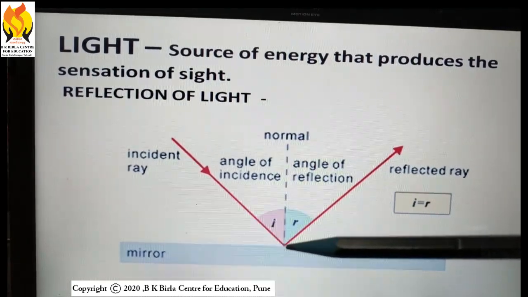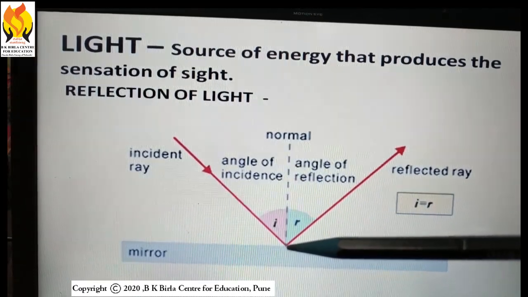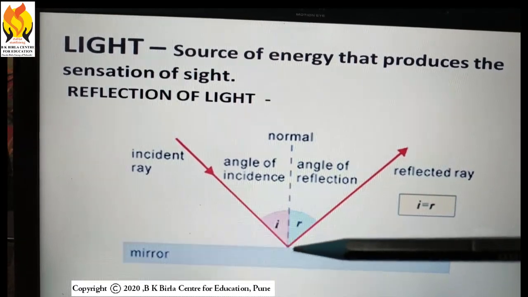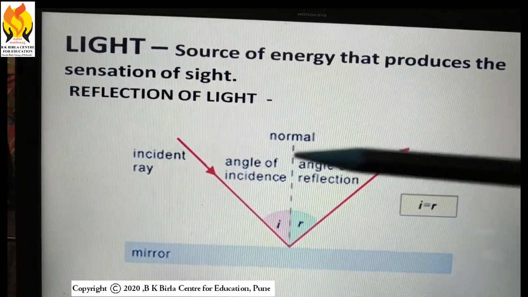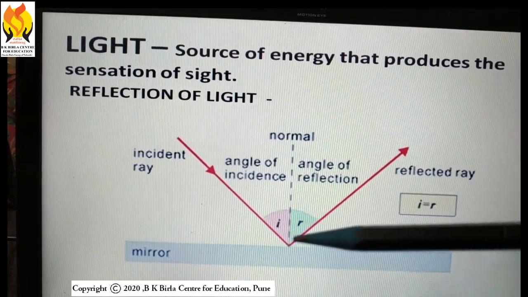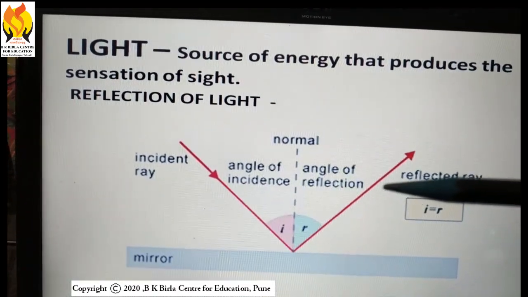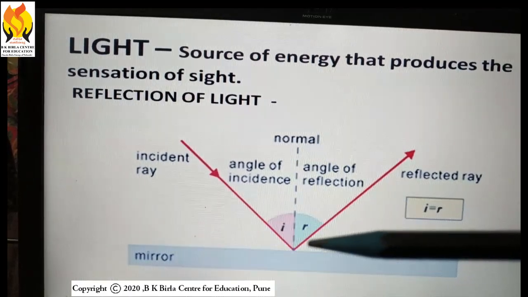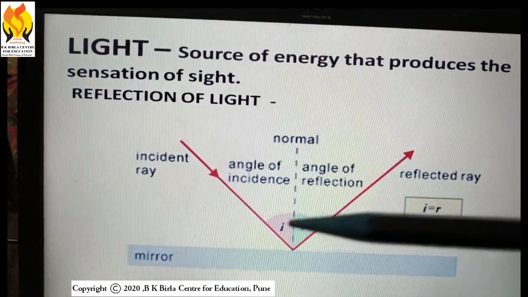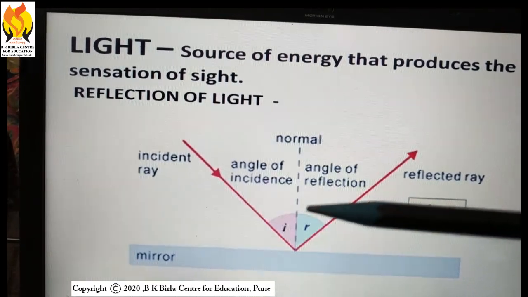Now let us discuss the two laws of reflection. The first law: the incident ray, the normal at the point of incidence, and the reflected ray all lie in the same plane. This is the first law of reflection of light. The second law, as is very clear from the diagram, is that angle i is equal to angle r.